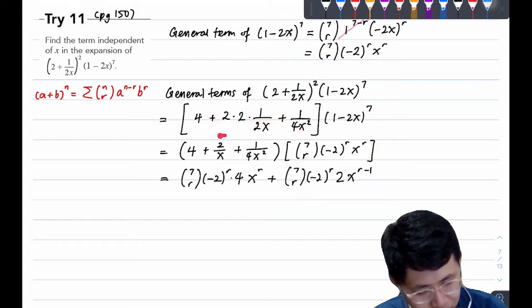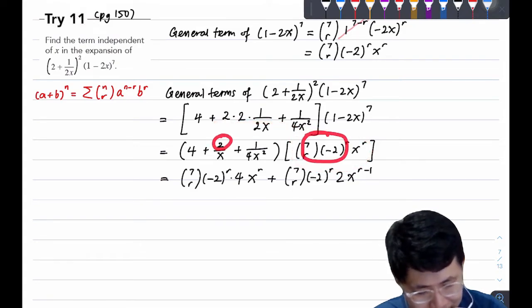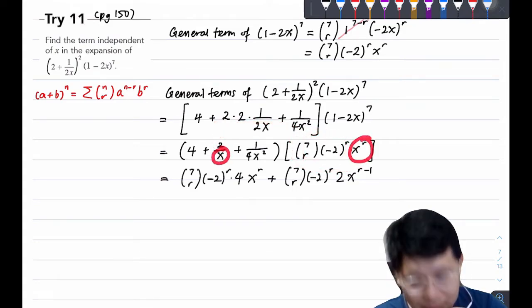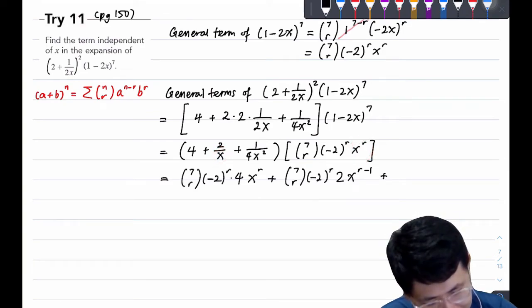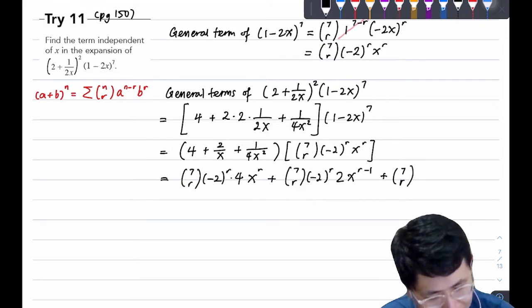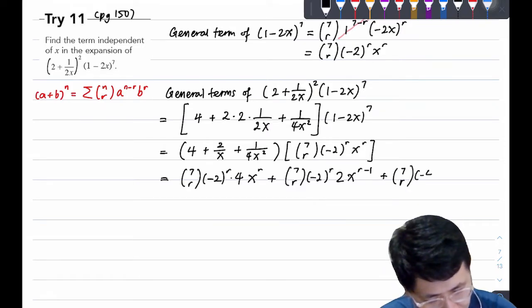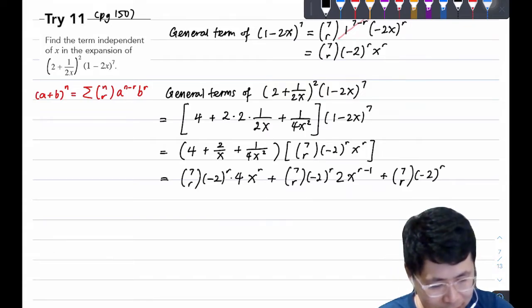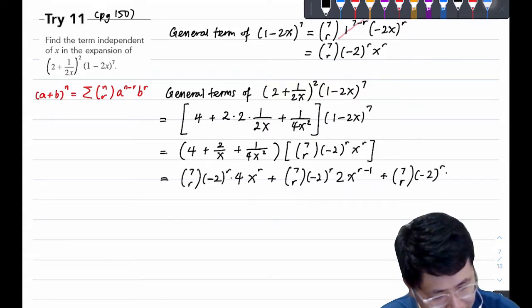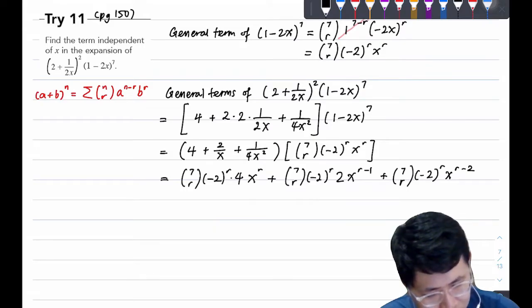So the 2 and this I put together, and the x power r minus 1 because it's x to the power negative 1. Then plus the next one would be 7 choose r of (−2)^r. Then this would be x to the power of r minus 2.